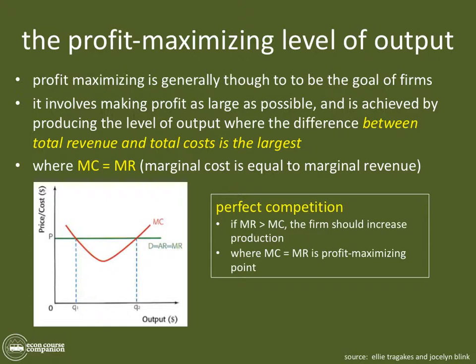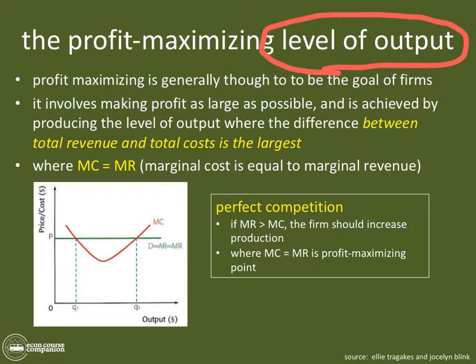Now, we are going to take a look at the profit maximizing level of output, which you need all of these factors together to make sense of the profit theory, right? The level of output is the key idea there. So what does that look like?